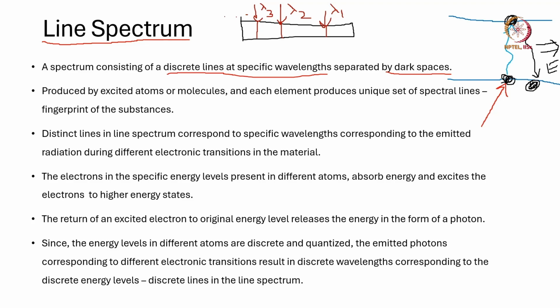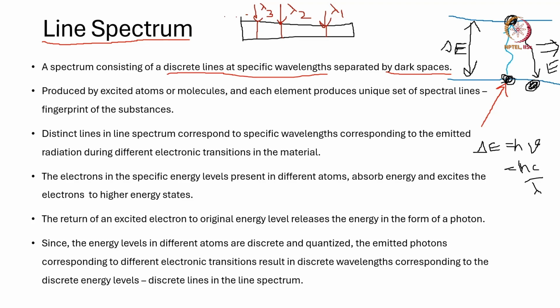The energy of this radiation is equal to the energy gap between the different energy levels involved in the electronic transition. Thus, delta E equals h nu equals hc by lambda.